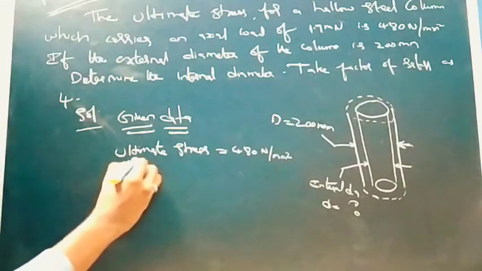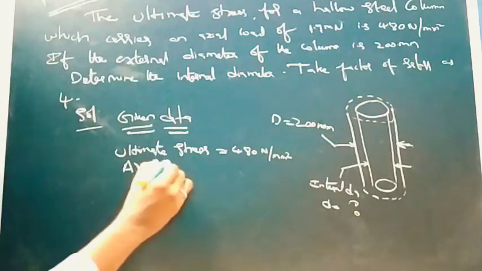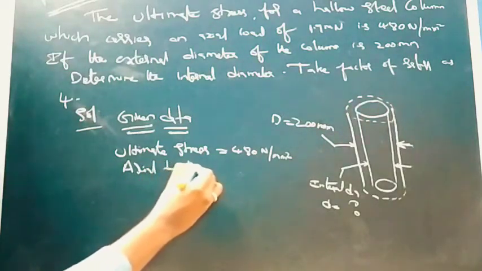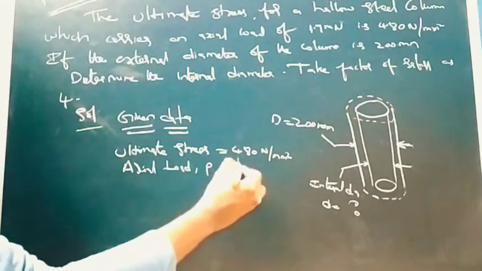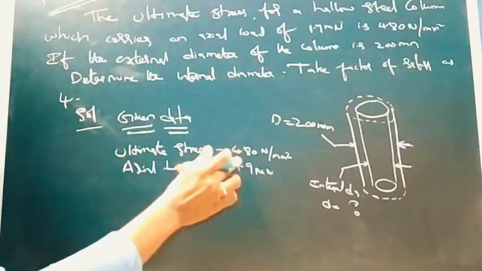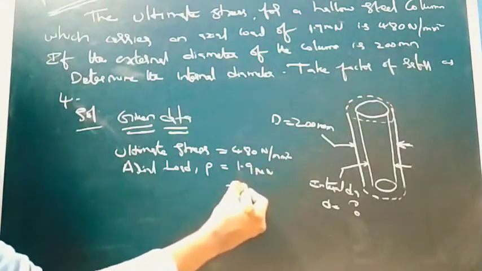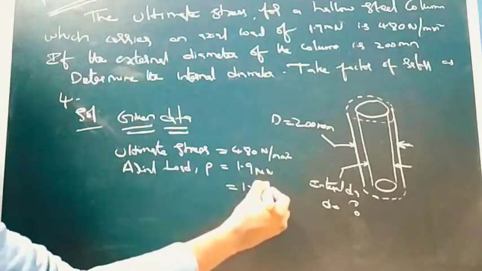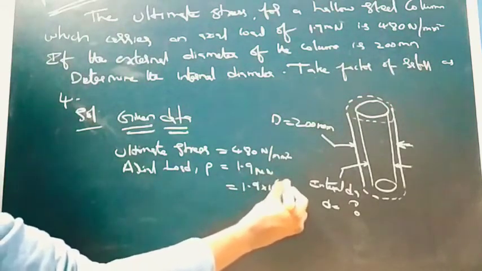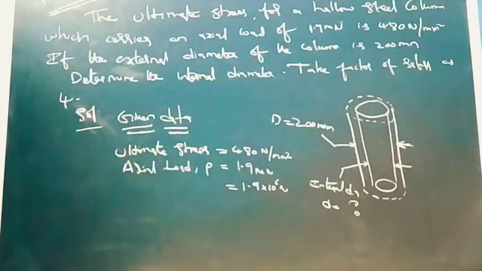Now the axial load P equals 1.9 meganewton, right? We know that mega is 10 to the power of 6, so converting meganewton into newtons, 1.9 into 10 to the power of 6 Newton.